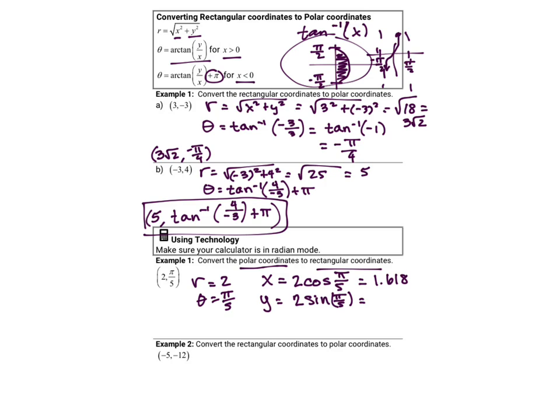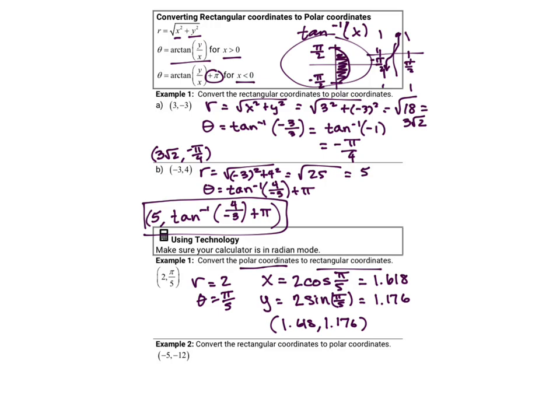So our rectangular coordinates here would be 1.618, comma, 1.176. Not too bad.